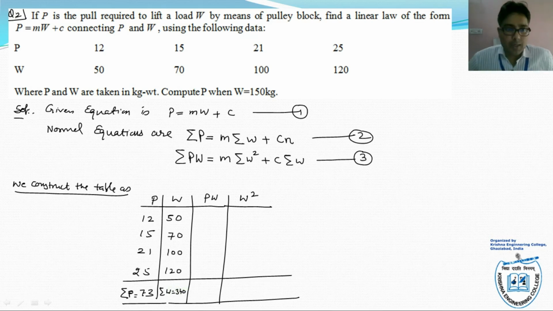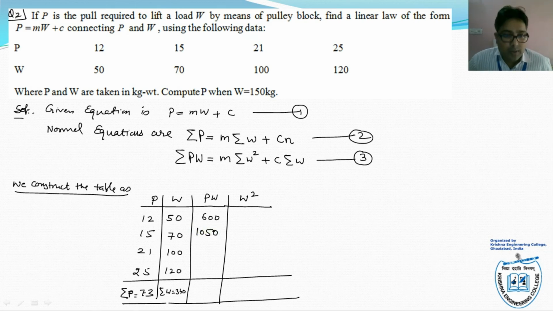Find it easily with the help of the calculator. Clear? For the value of P into W, find the corresponding values of P and W. The product 12 into 50 is 600. The product 15 into 70 is 1050. Clear?